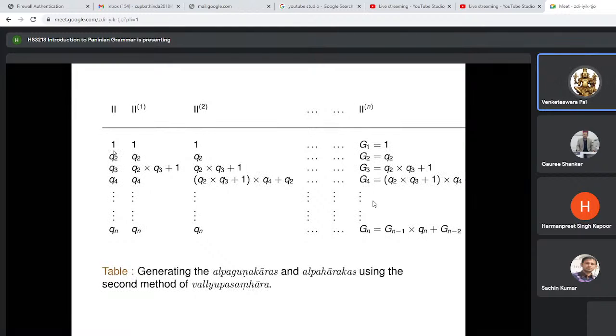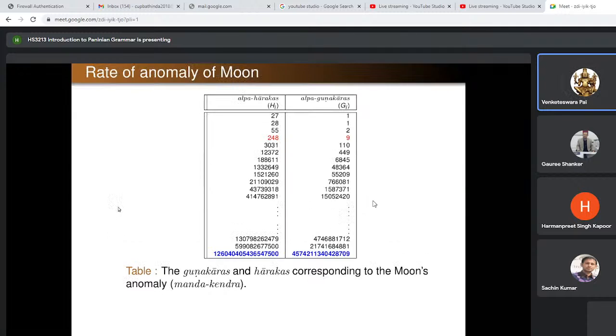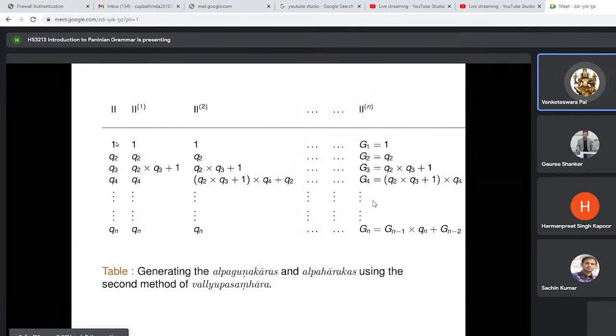So without the first quotient, you have to place all other quotients, that is from Q2 to Qn, one below the other, and then keep one above, and do the Valyupasamhara or continue the process.